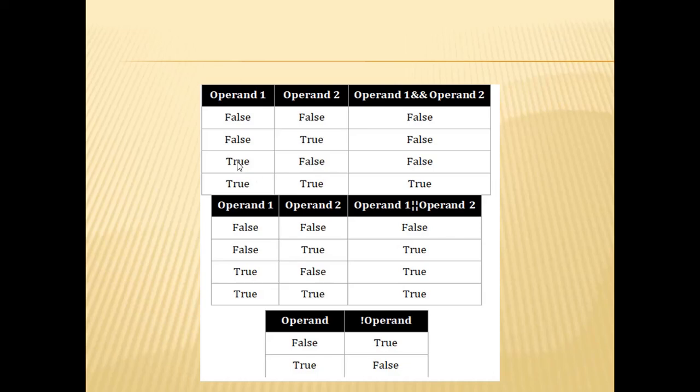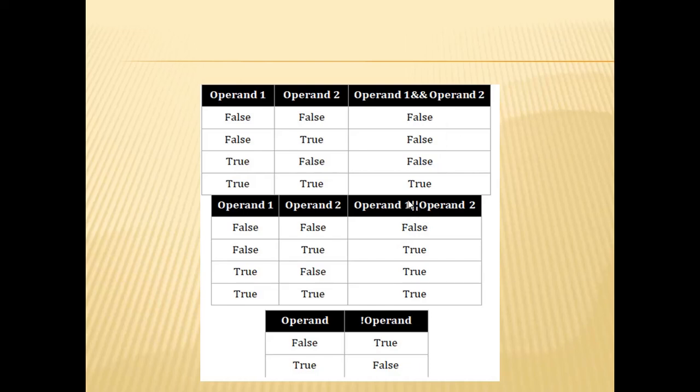If the first operand is true and the second operand is false, then the result is false. Only if the first operand is true and the second operand is true is the result true. For the remaining cases the result is false. So this is logical AND.